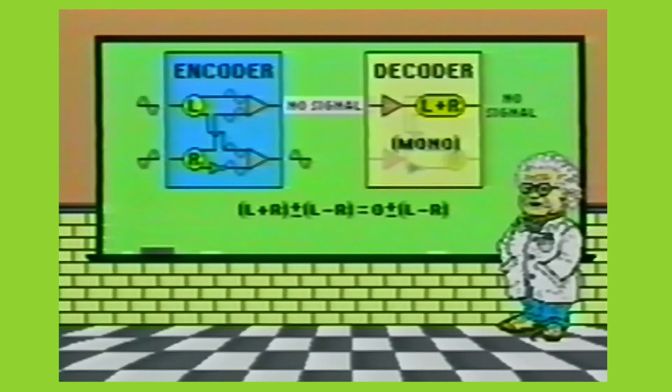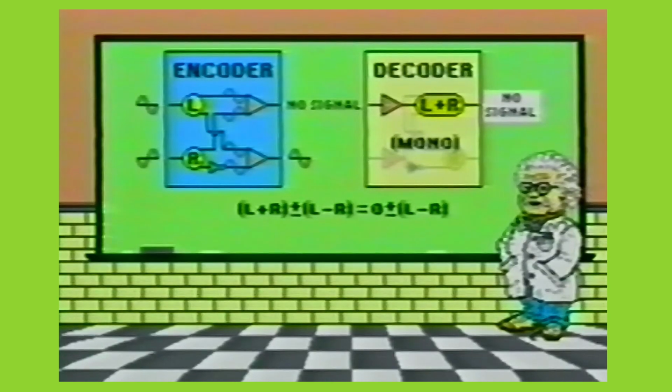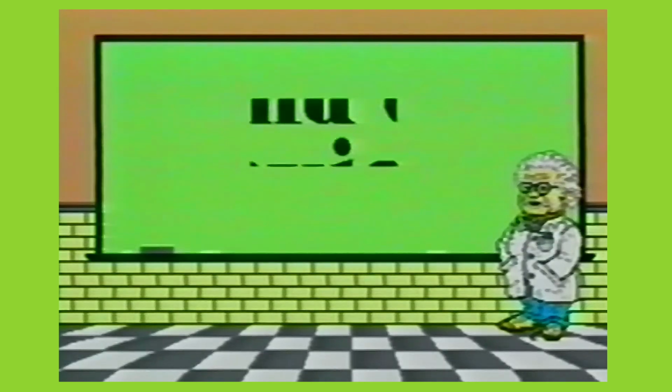Without the L plus R signal being present in the mono receiver, silence would be reproduced by the single channel radio. This applies to both AM stereo and FM stereo broadcasts. This concludes review number 2.